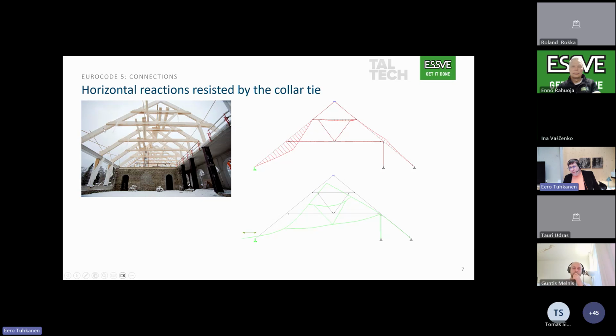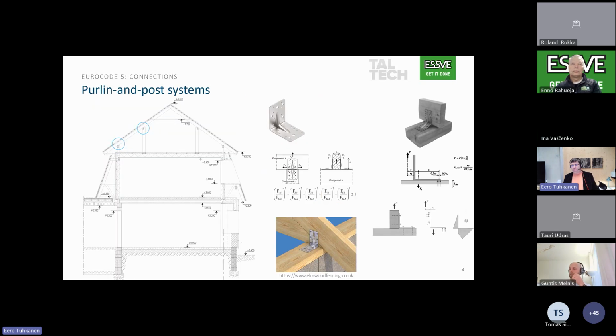But this solution produces very heavy moments in the rafters, and that's because the rafter cross section is huge. But these are all so-called special cases.